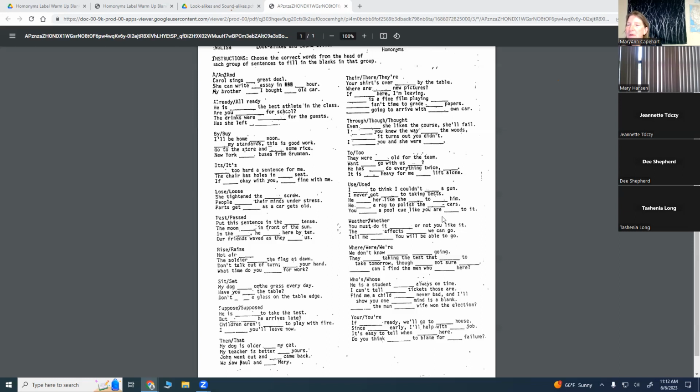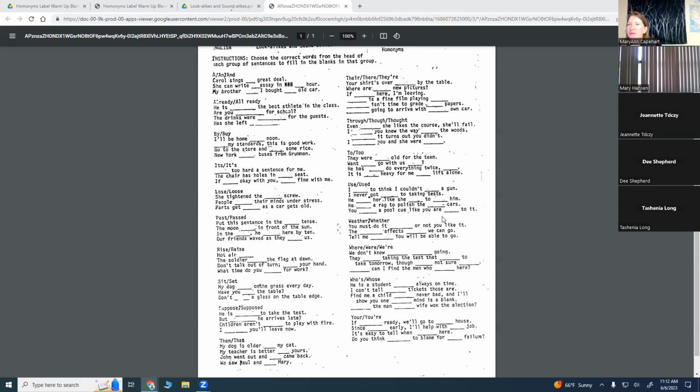In that case, there isn't time to grade their papers. First one, there, there is not time. Second one, their papers, it's possession, ownership.